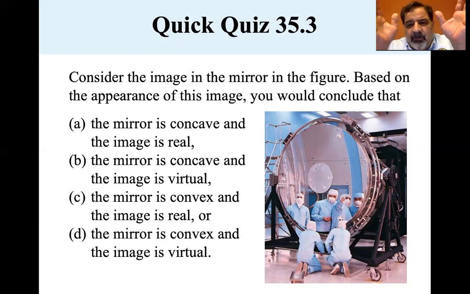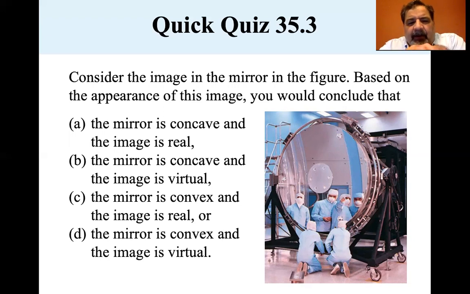Well, first of all, those people look pretty big compared to the real people in the foreground in front of the mirror, and so that rules out the convex because they would appear small. So the fact that they're upright leaves it that it would have to be concave.